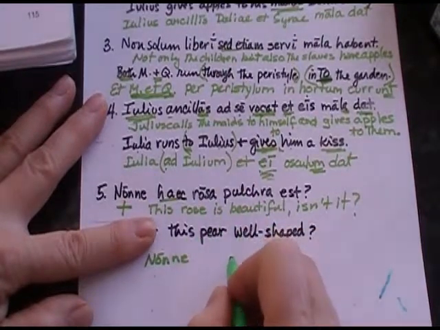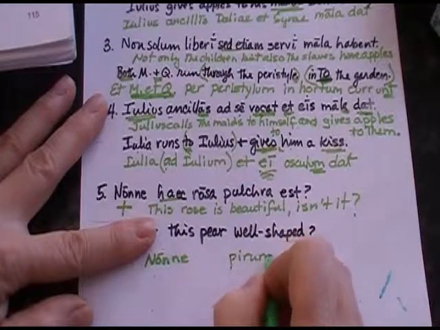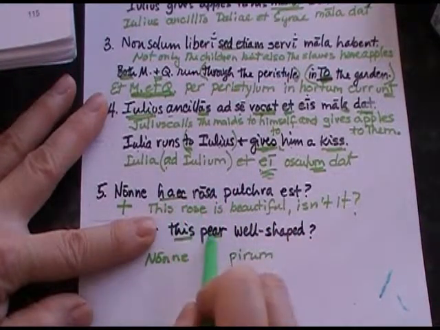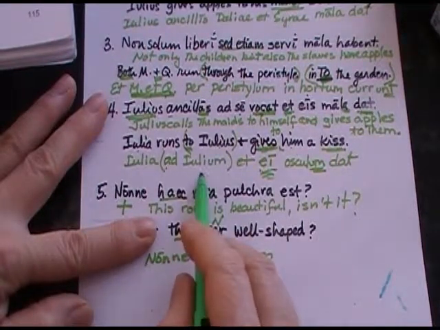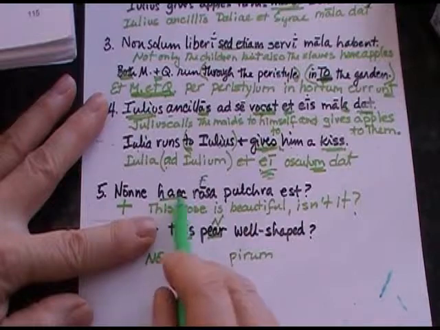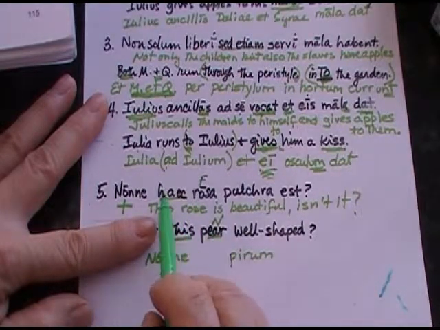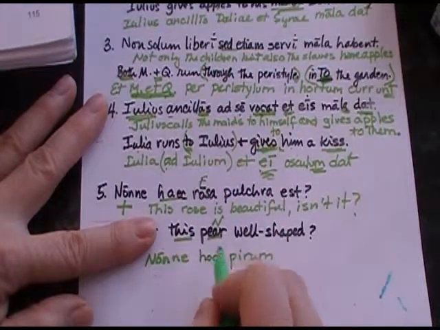Now pear is pirum. And in order to say this pear, we can't use haec because pear is neuter, not feminine like rosa. So there's a completely different word that we use when saying this pear rather than this rose. And that word is hoc.